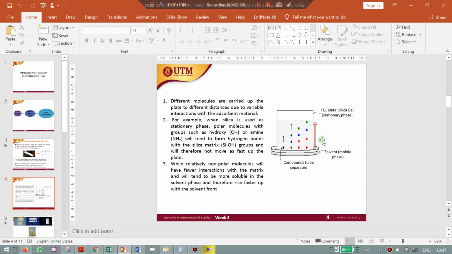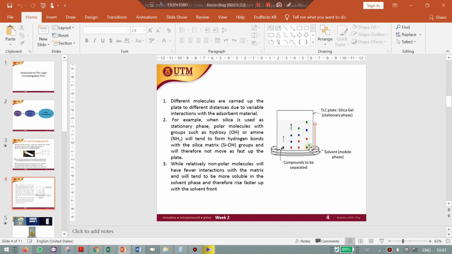I think the figure is a little bit misleading, but from the figure we can say that, for example, you have a mixture over here. If your TLC plate is polar, then we can somehow sort the polarity: this compound is more polar, less polar, a little bit less polar, and non-polar.